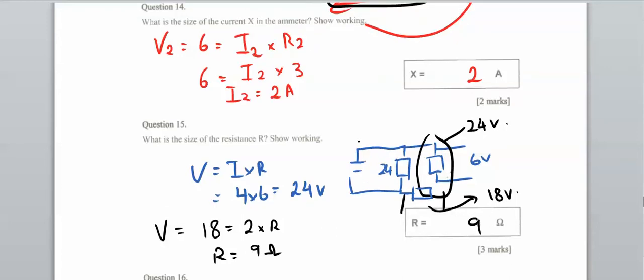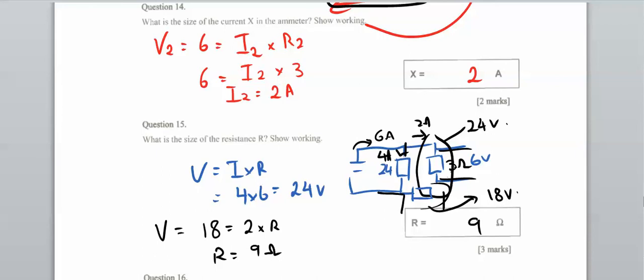So let's have a look at this circuit. We've got 6 amps in total, in which 4 amps splits this way and 2 amps splits this way. This 2 amps has a 6 volt drop through this resistor, which is 3 ohms, and naturally we're going to have a higher voltage drop through this resistor, which is 9 ohms, so 3 times the voltage: 18 volts drop across there.